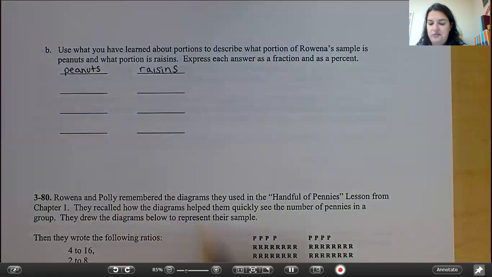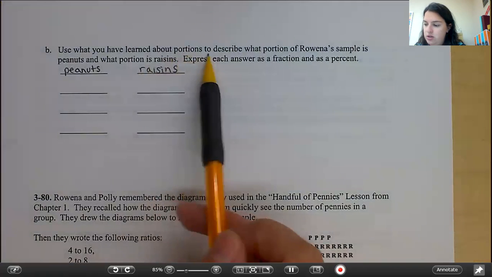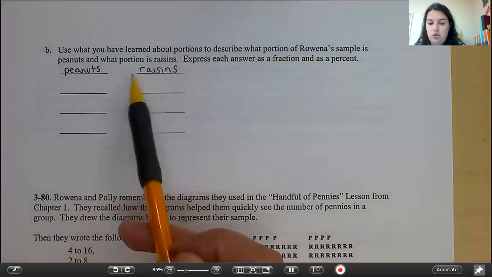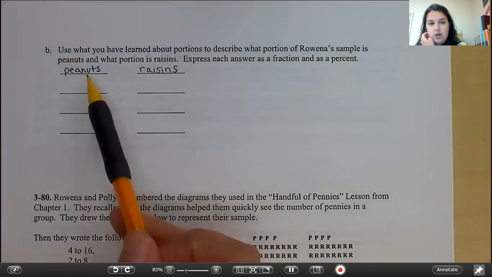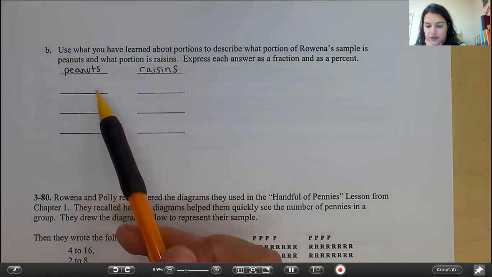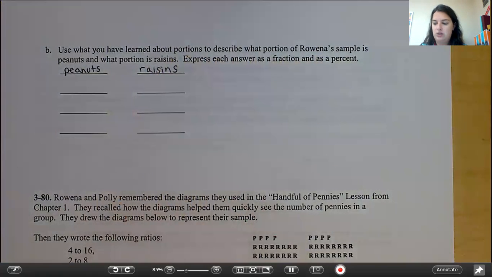So I would like you to fill this out. You need to do the portion, or what portion of Rowena's sample is peanuts and what portion is raisins. So the sample is that same one that we were just working with in part A, and you're going to do the peanuts, and you're going to do it as a fraction and as a percent for the peanuts and the raisins. Pause the video and answer that question, please.